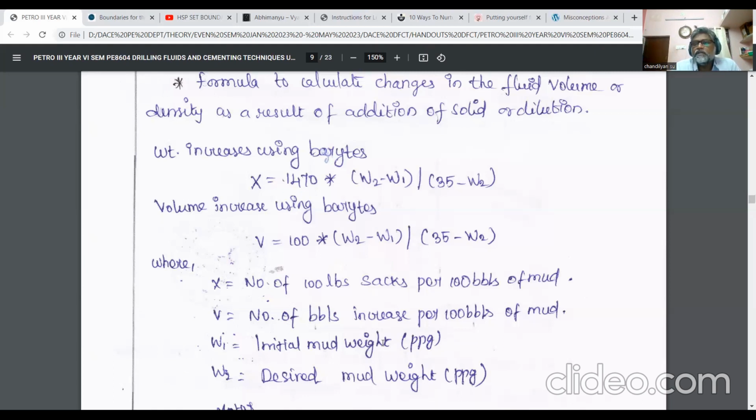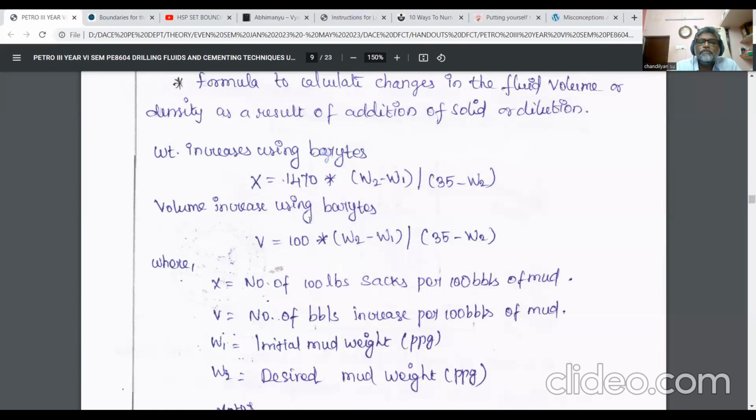The mud weight or mud density unit is ppg, especially for drilling fluids in the oil and gas industry. Initial mud weight is W1 in ppg, and desired mud weight, that is how much weight you want, is W2. If you substitute the initial weight here, divided by 35 minus W2, is your X.